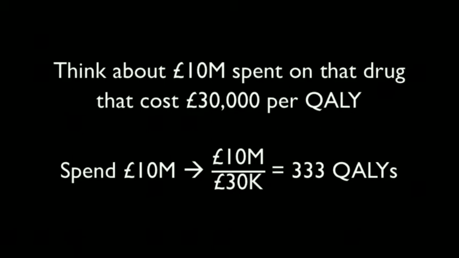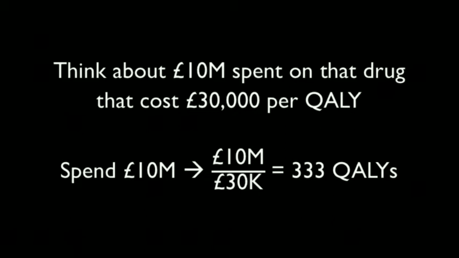So think about £10 million spent on that drug that costs £30,000 per quality adjusted life year. If you spend £10 million on that drug, then you could buy 333 quality adjusted life years.